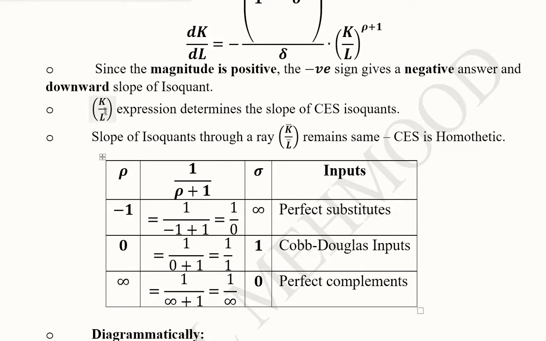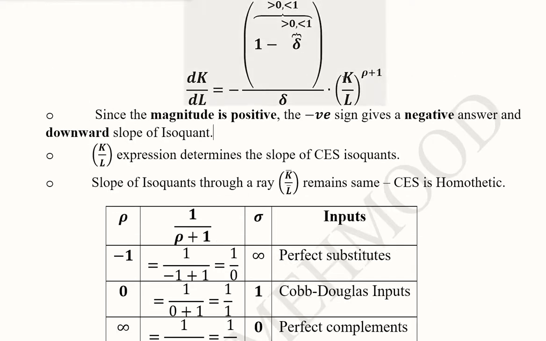Now this term, that is the capital to labor ratio, is the critical term, because this is the ratio between capital and labor. It determines the change between labor and capital, the substitution, and hence it also determines the slope of the CES isoquant.